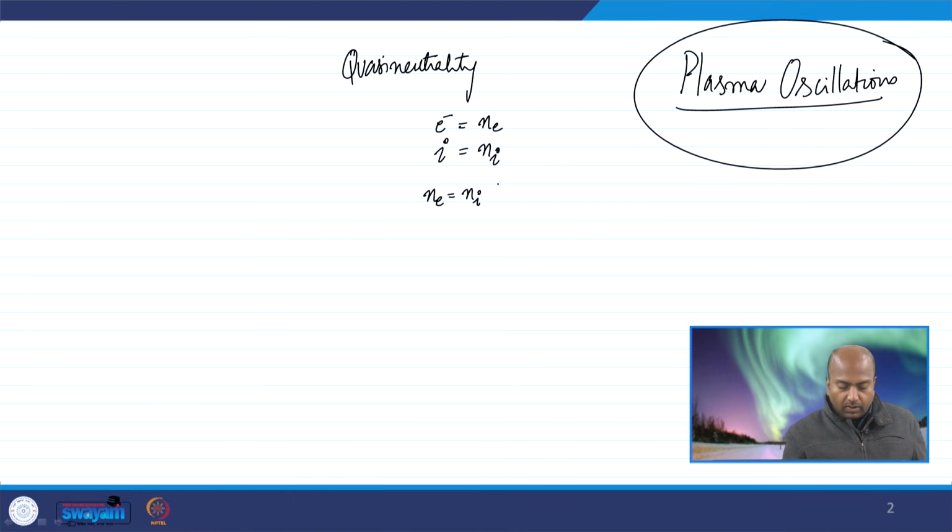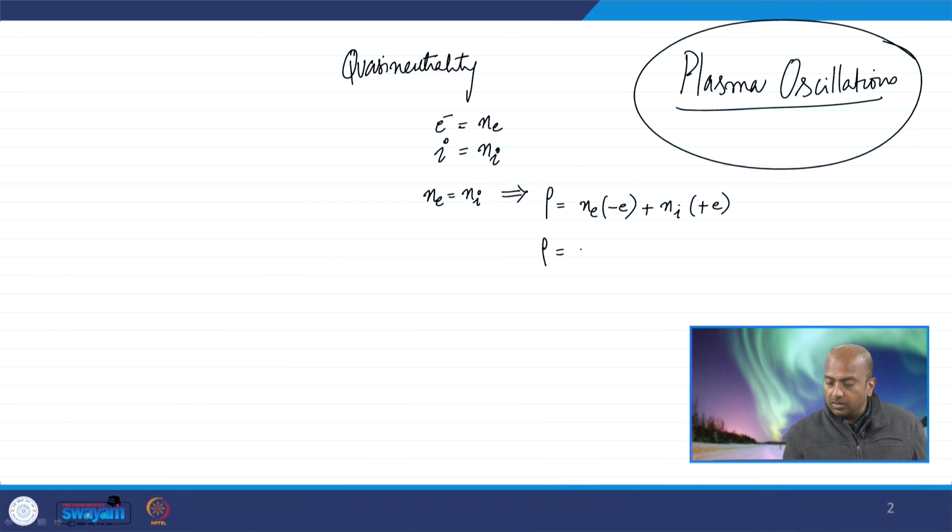As a result, we can simply write the total charge density rho is equal to Ne, the number of electrons with a negative charge of minus e each, plus Ni, the number of ions with a positive charge plus e. Now, as long as Ne and Ni are equal, this expression will simply be 0.